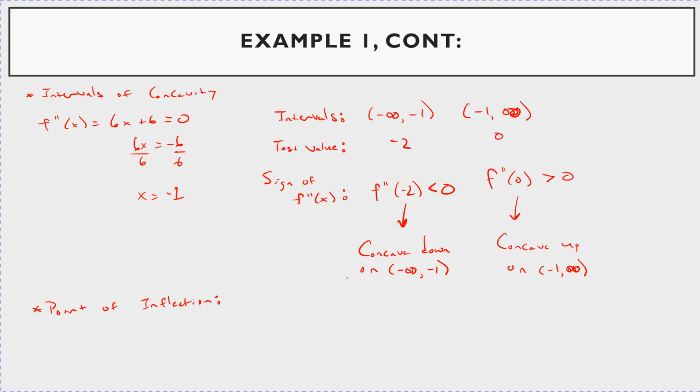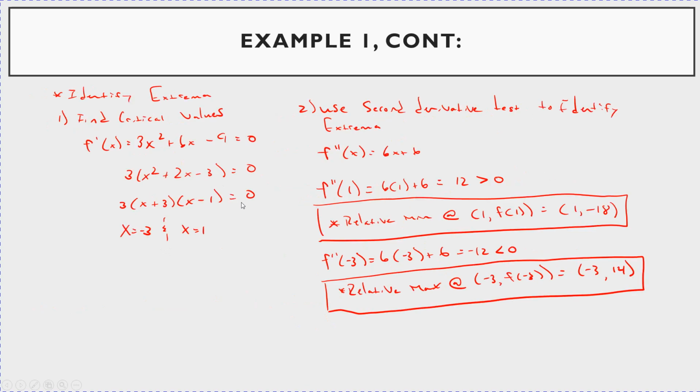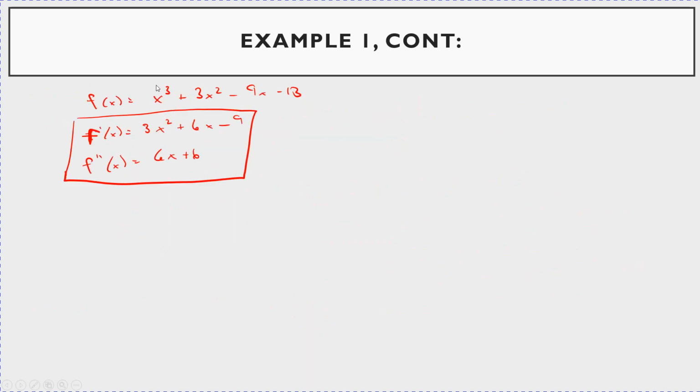Point of inflection occurs where the second derivative is equal to 0. So it occurs at the point -1, f of -1. And what you have to do to figure that out is plug -1 into this function. So you would get -1 plus 3 plus 9 minus 13.